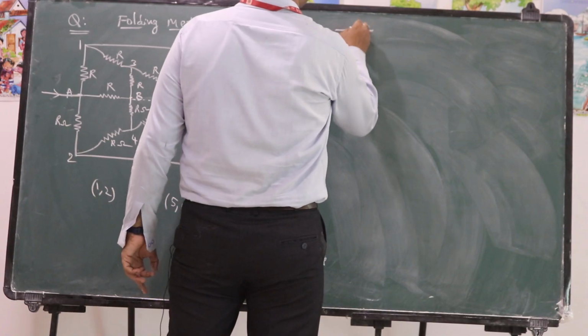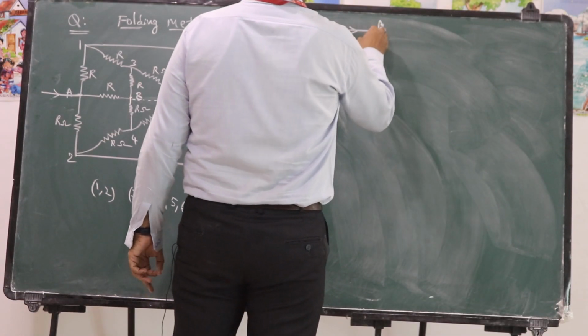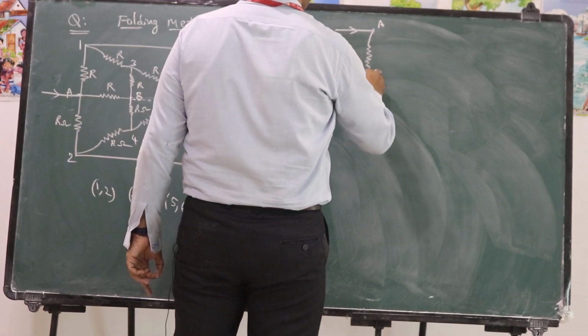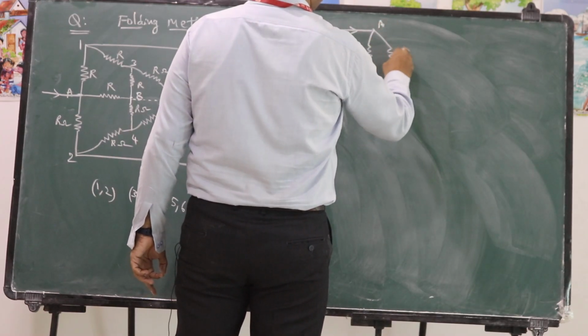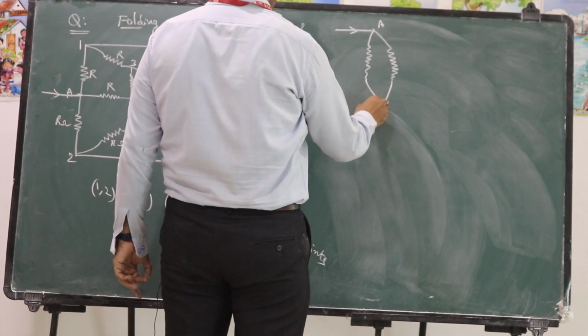So current is coming like this towards point A. From A, you will find 2 resistors now. They were joined at 1, 2.